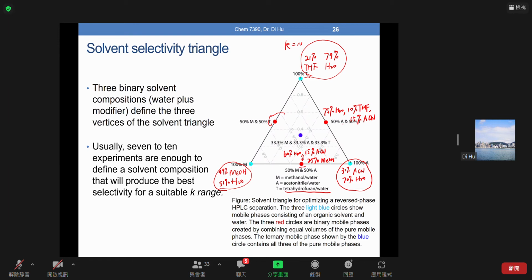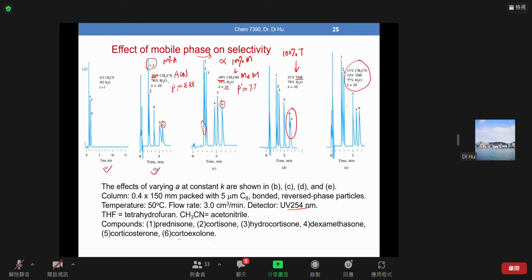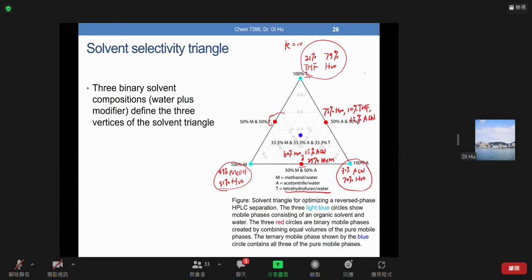The result, figure E, has 77% water, 12% THF, and 11% ACN. That is very close to this dot combination. Understand?